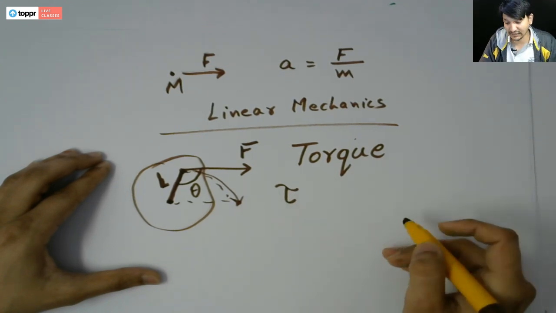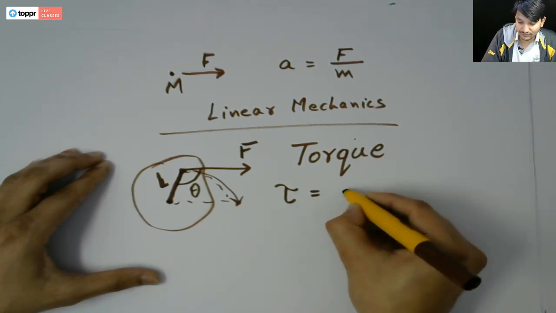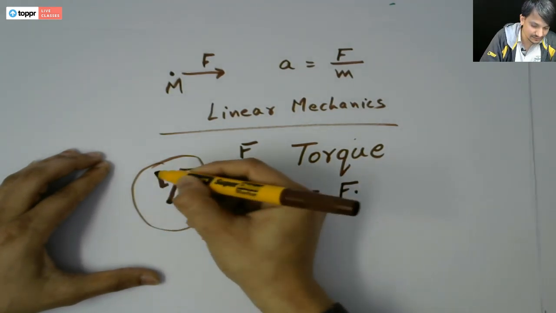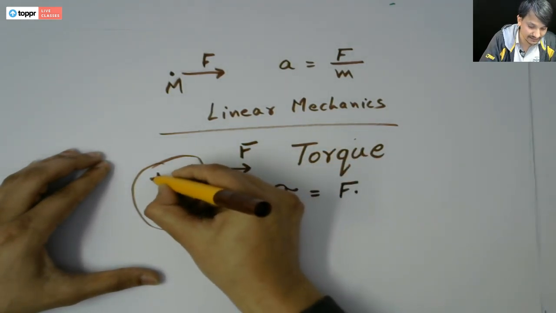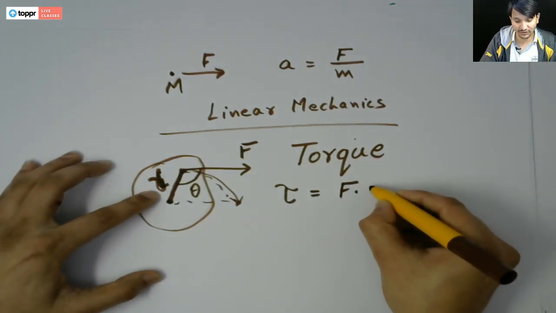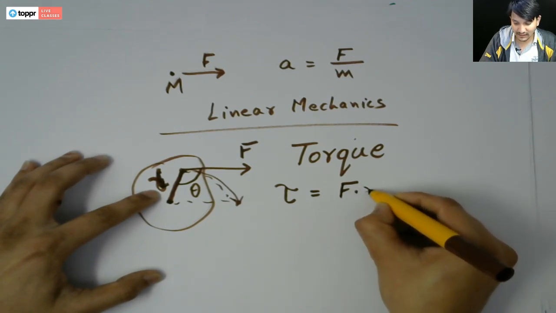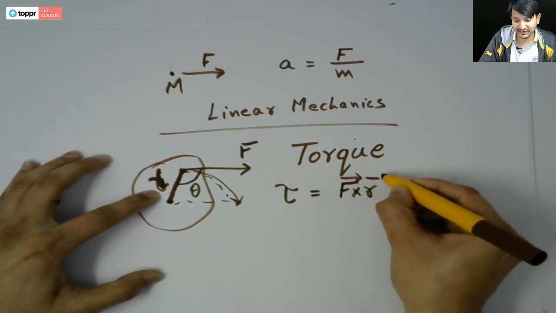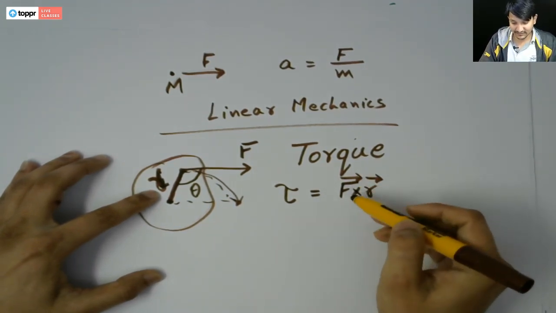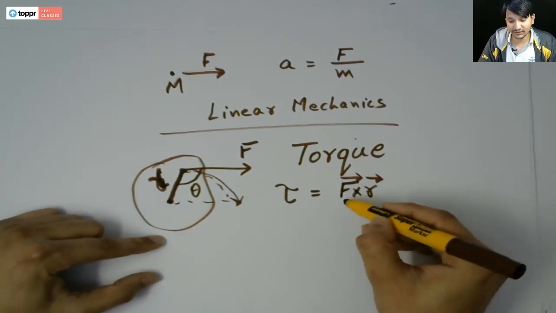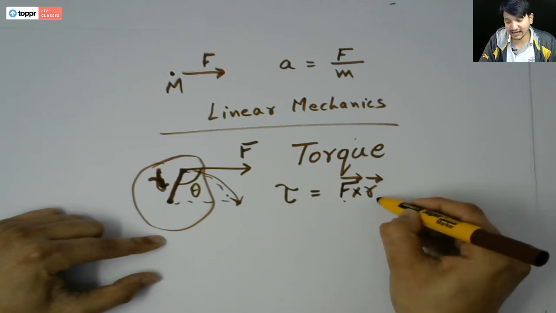We call it tau. Tau is equal to F into L, or say to be more standardized, we call it R, F cross R. If you have studied about vectors, torque is equal to the vector product of F vector and R vector.